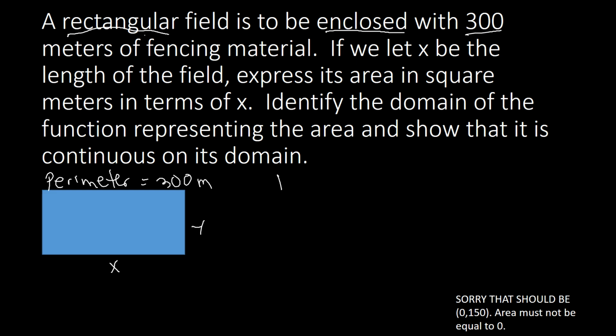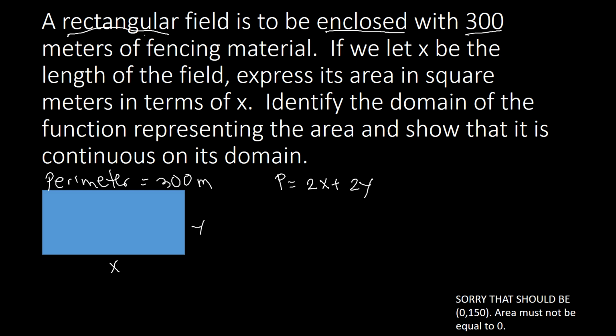We already know the formula for perimeter. For a rectangular field, perimeter is equal to 2L, or twice the length, which here is x, plus twice the width or the height, so 2y.